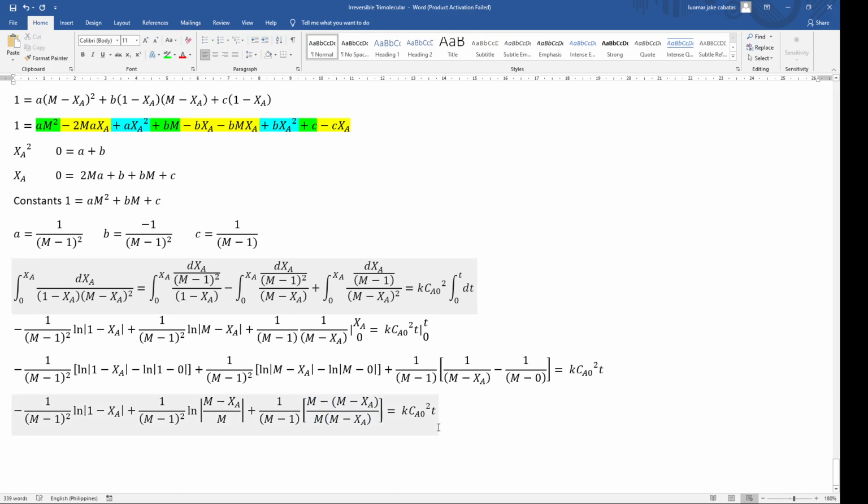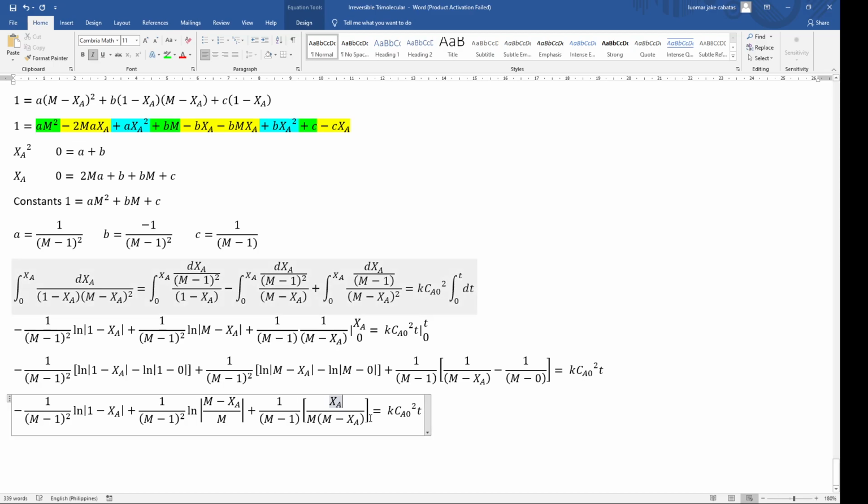So we have that. And then m minus x_A. So ang mabilin diri is just positive x_A. Okay? Then pwede natin ipalabas si m from there. So we have that.